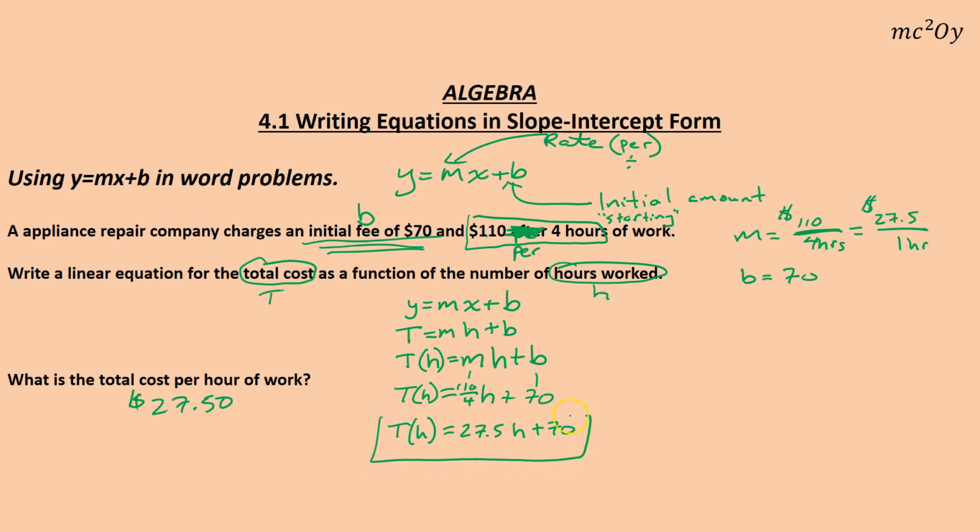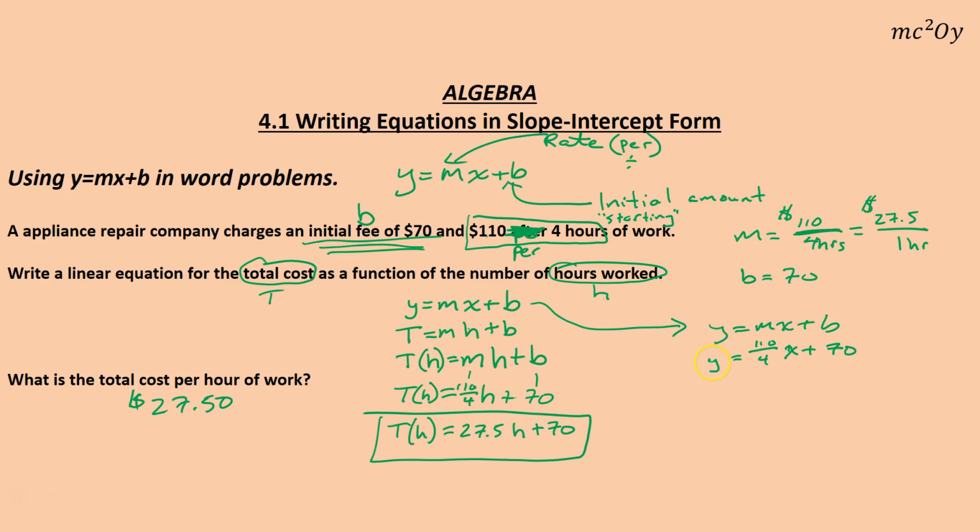All right. If that confused you with the T of H, then what I would do is just start out in this format. I'd say, y equals mx plus b, and m is 110 over 4, x plus 70, and that's equal to y. And then you could replace it.